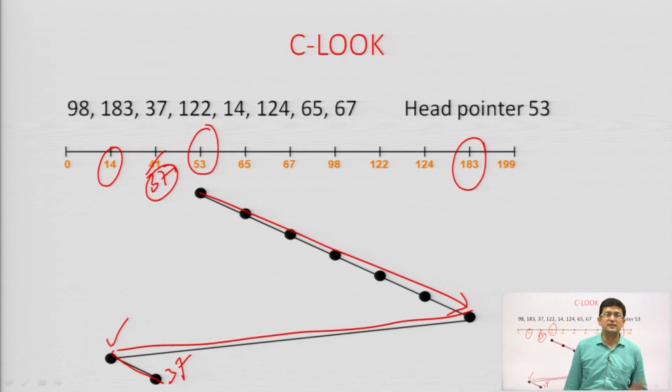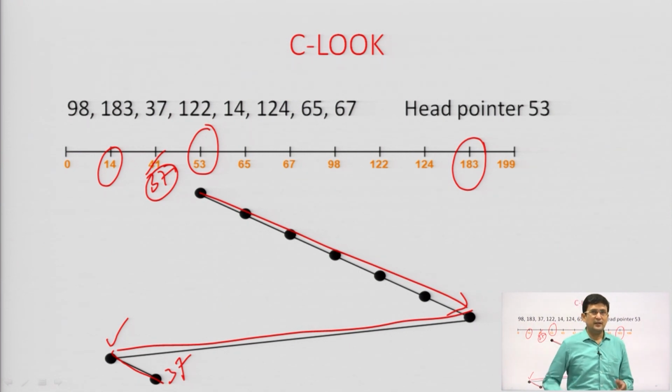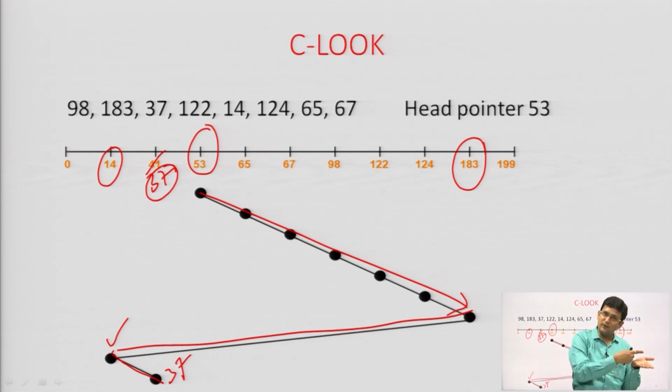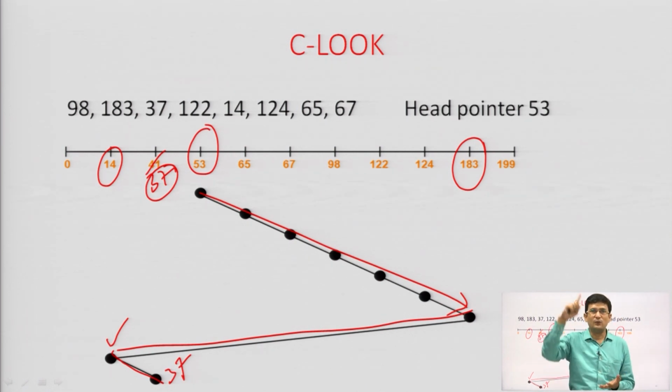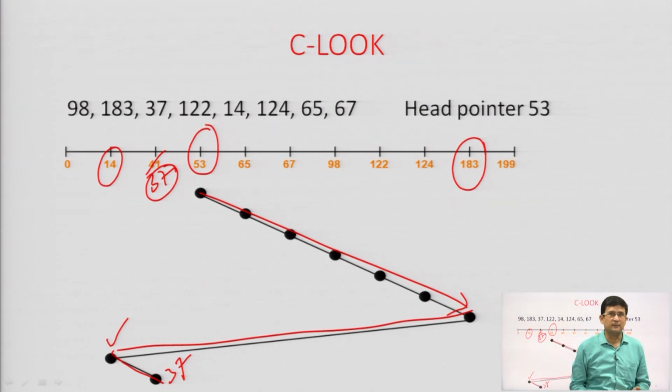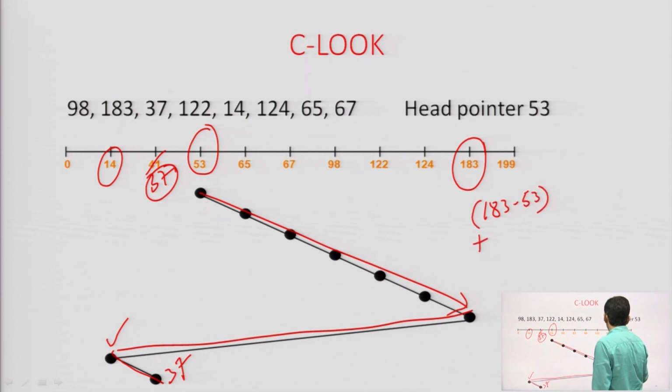So the C-look algorithm is just a variation of the C-scan algorithm. It is going up and satisfying the requests to the maximum request, and then coming down to the minimum request. While going down, it does not satisfy the request, but once again when it goes up, it satisfies the request. So the total movements in this case will be 183 minus 53, plus from 183 it has gone down to 14, so 183 minus 14, and finally from 14 to 37, so 37 minus 14.